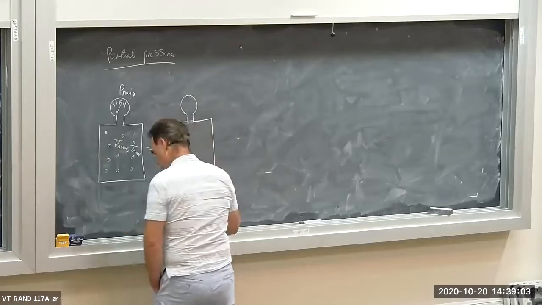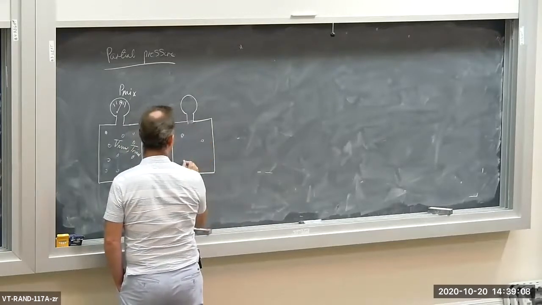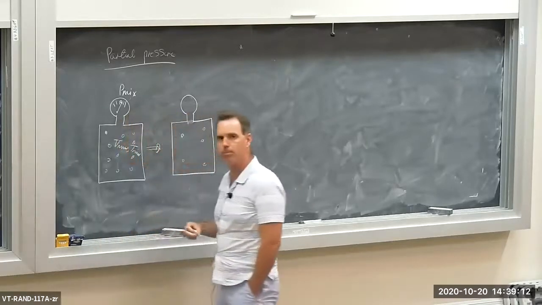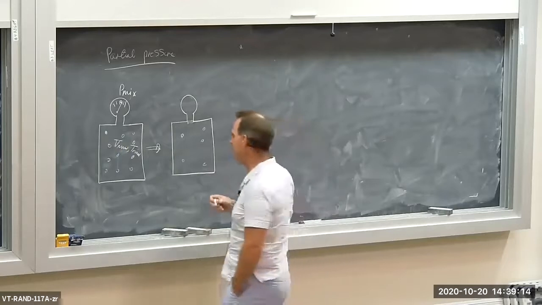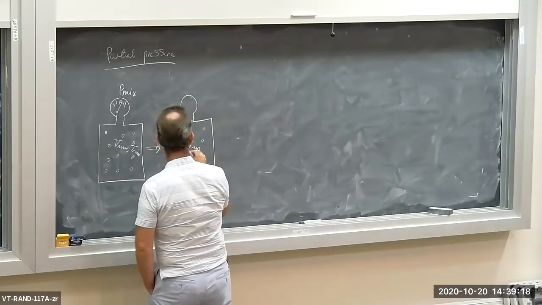So now I'm going to remove all of them and I get just blue. The blue molecules are all that's left over. Notice the volume taken up by the blue molecules is still V mix. It still has a temperature T mix.